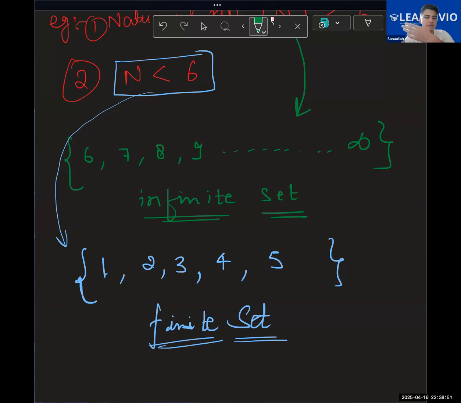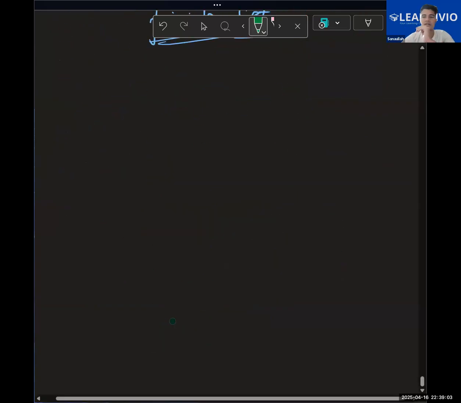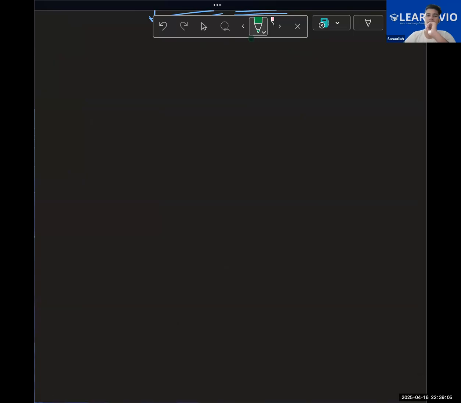And one more type is equal set. I hope you understand. You know what are equal sets. When each and every element of set A equals set B, exactly the same elements, if both our sets have them. Like if I say I have a set A that has elements A, B, C, and I have a set B that has elements A, B, C, then in that case, what can I say?